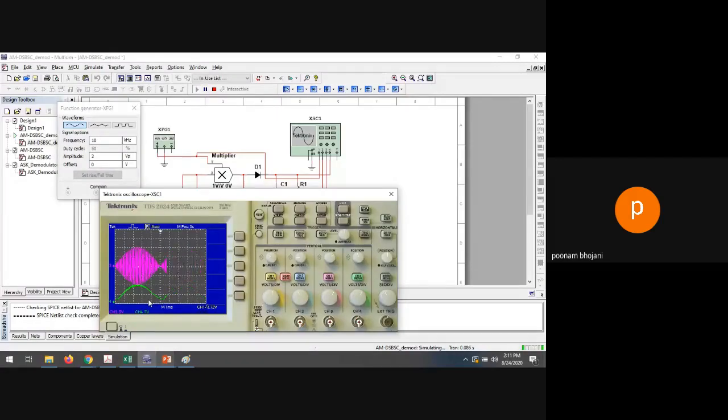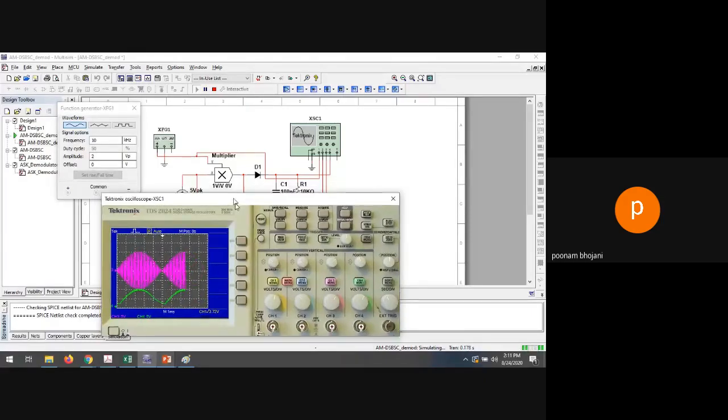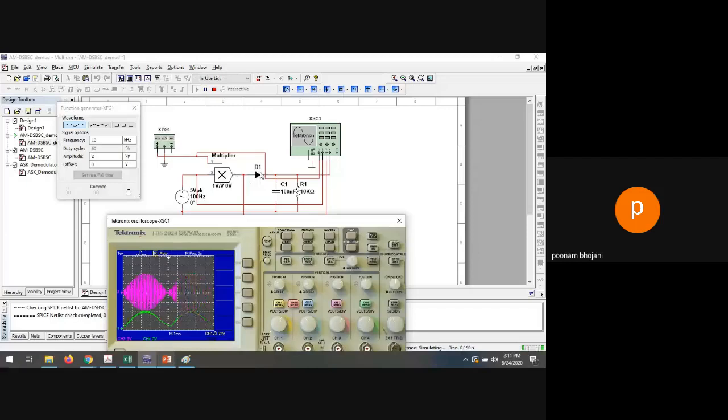If you observe here, you are not getting proper smoothness in the negative cycle, right? In the positive cycle you are getting proper smoothness, but in the negative cycle you are not, because this diode is no doubt a negative clipper. It means it will clip the negative envelope. But another problem with this diode is that it has a threshold voltage.